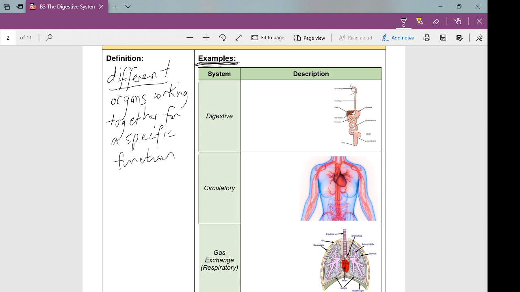Okay, so with the digestive system, the main function of the digestive system, as I'm sure that hopefully you have a bit of background knowledge on, is that it digests. So when we say digest, we mean it breaks down food, and then it also absorbs nutrients.